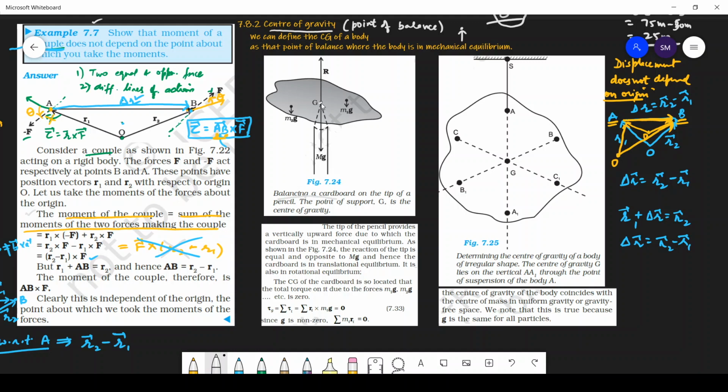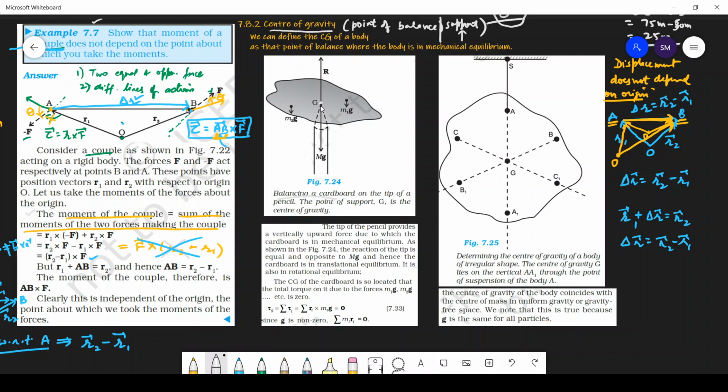So this G is your center of gravity, where your pencil and the cardboard are in contact. This point of contact is the point of support. So point of balance, or you can say point of support, is your center of gravity. You are supporting this whole cardboard, so it is not moving, no translational motion, no rotational motion.